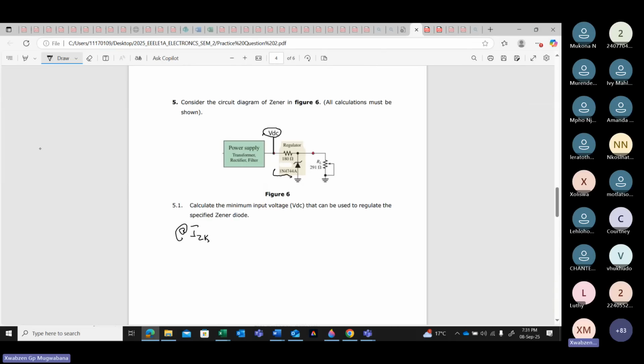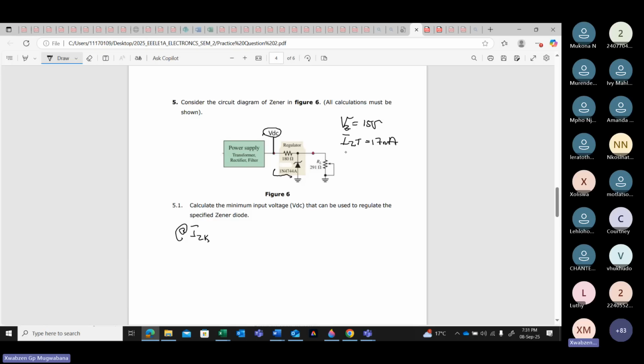In my circuit, what do I need? I need my V of Z. V of Z says it's 15 volts. I need my IZT, which says it's 17 milliamps. I hope I'm writing the correct thing.